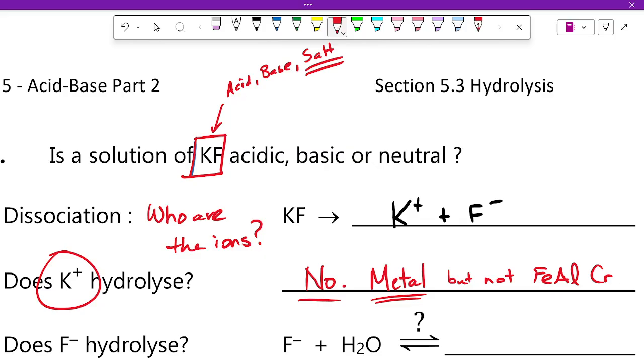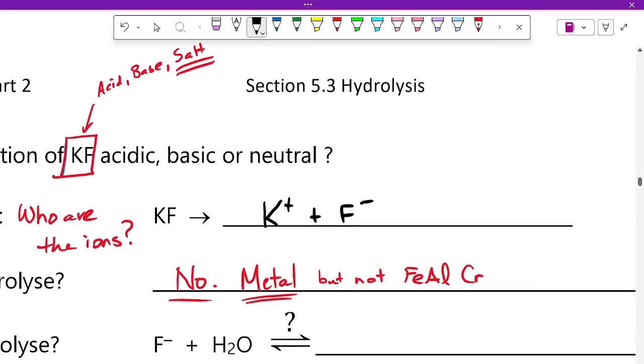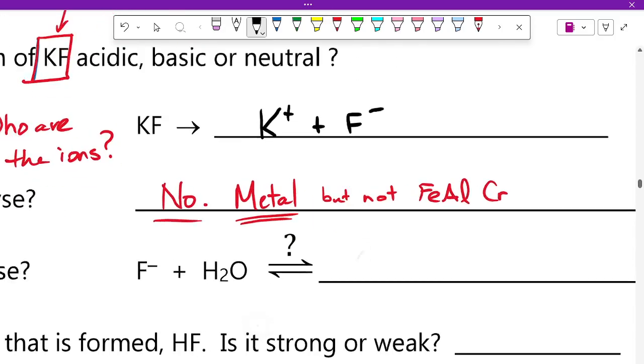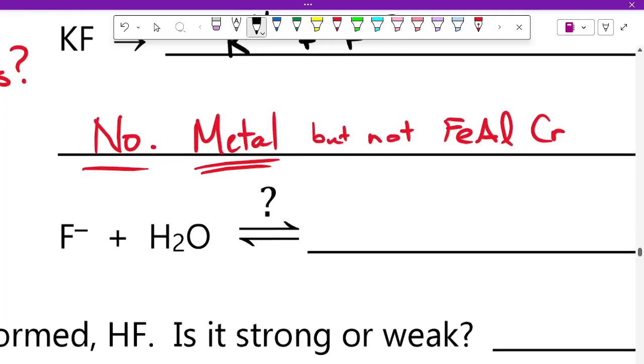Does F- hydrolyze? Try it out. You can try writing it, see what you get. Try writing your products for F- plus water.